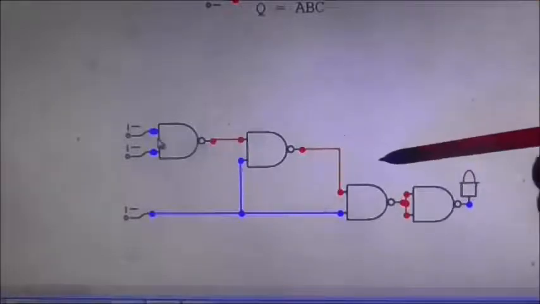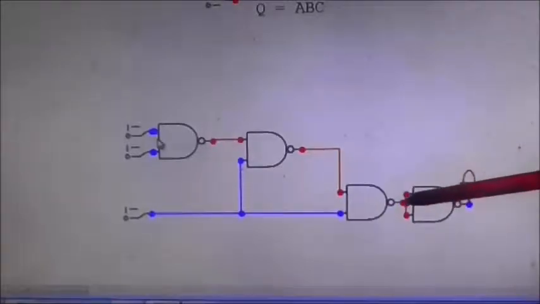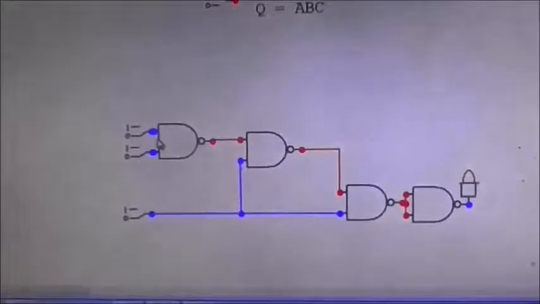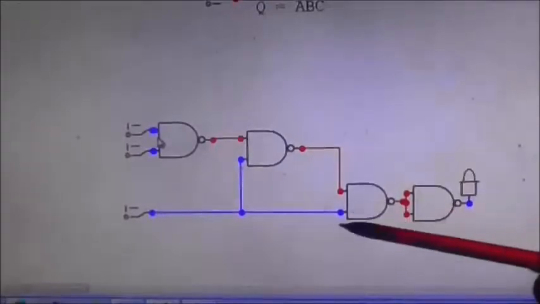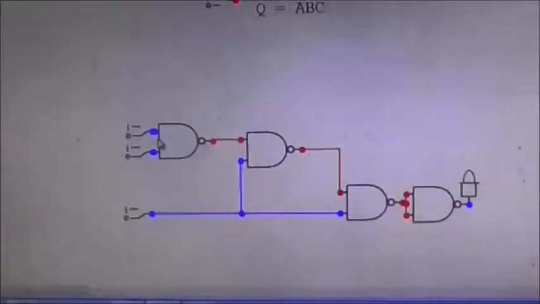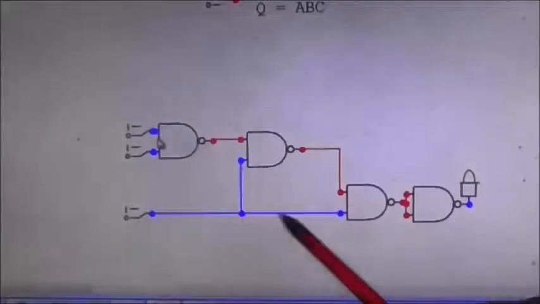To do that, we need to put a gate here that has a constantly high output, except on the occasions when A, B and C are equal to 1. And to do that, we need at least one of the inputs, or both, to be low. Now that's quite easy with input C because we can just strap it straight there.